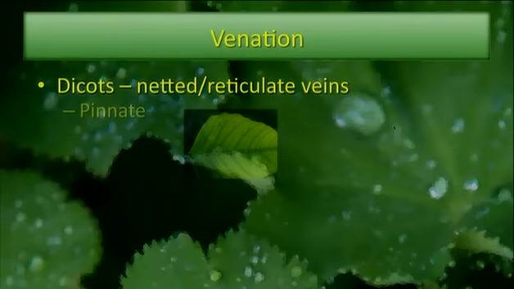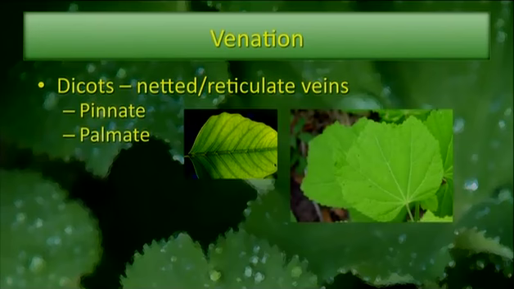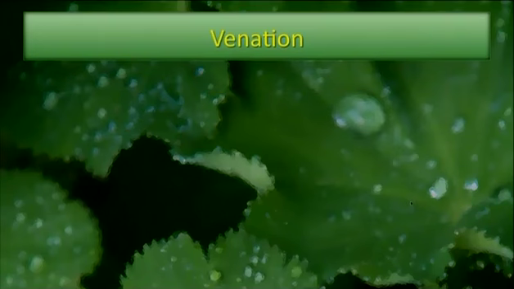Okay? So you can have pinnate veins, where the secondary veins come off the midrib of the leaf. And you can have palmate veins, where the main veins come off of one point. Okay? Similar, like the fingers coming off the point of your hand. Okay? So we have dicots, right, with their differences from the monocots.